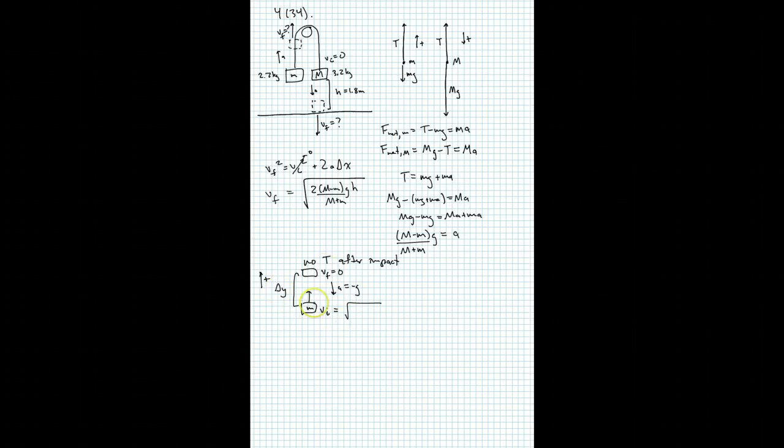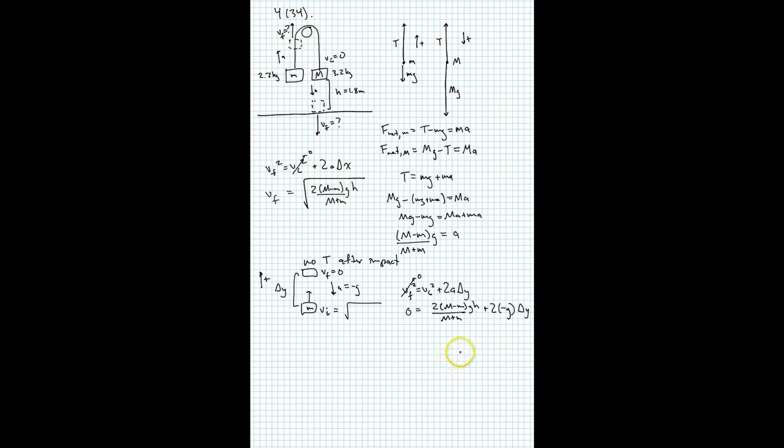Again, I'm going to use the same model because I know the same information. So VF squared here is VI squared plus 2a delta y. My VF is 0, and VI squared is just the square root of that stuff squared, plus 2a, where a is negative g, and delta y is just delta y.